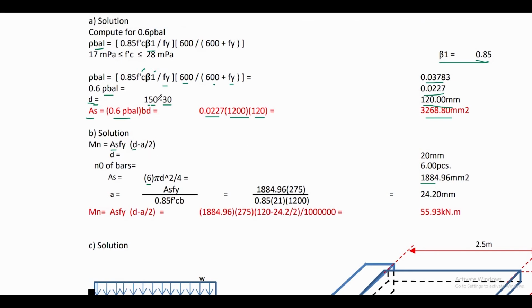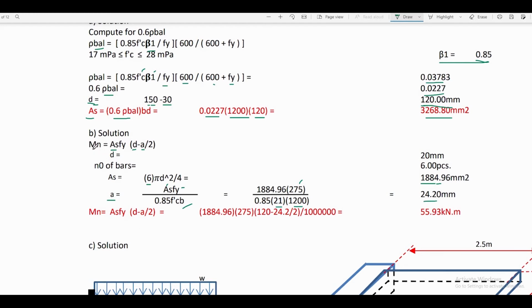For depth d that is computed before, it is equal to 120 mm, and for the depth of compression block, that can be computed from this formula As fy divided by 0.85 f'c b, which is derived from C equal to T. If we now substitute the value of As equal to this value, multiply it by fy, that is 275 megapascal, then divide by 0.85 times 21, that is f'c, and b is 1200, we can have the value of the compression block, that is 24.2 mm.